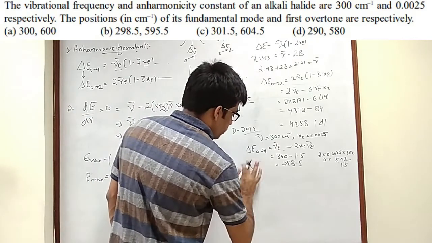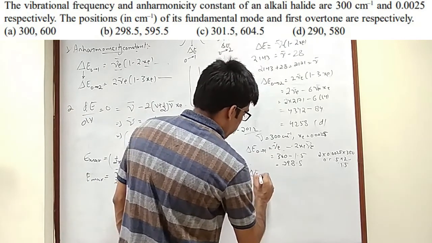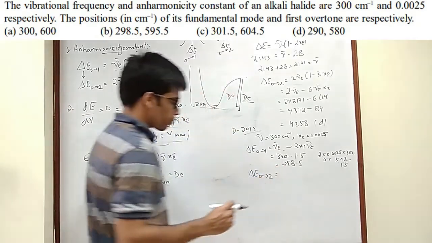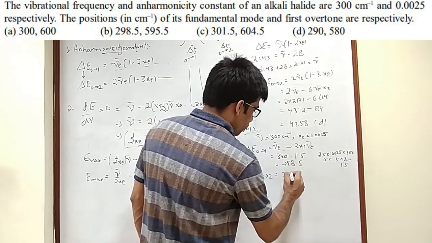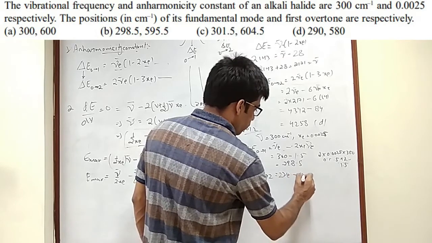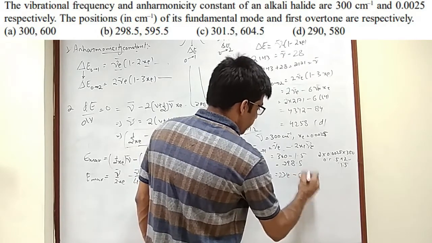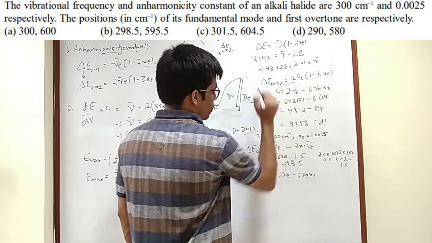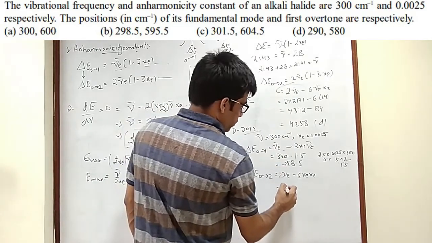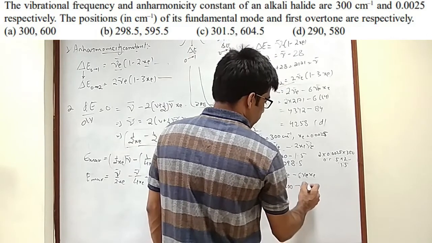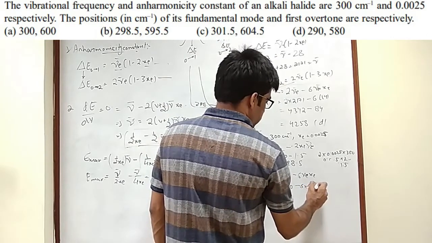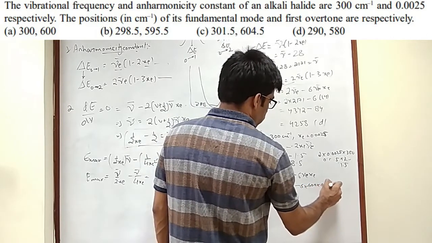Now, if we are finding the same for the first overtone, I have directly written the formula from this to this here. So that is 600 minus 6 into 600 into 0.0025.